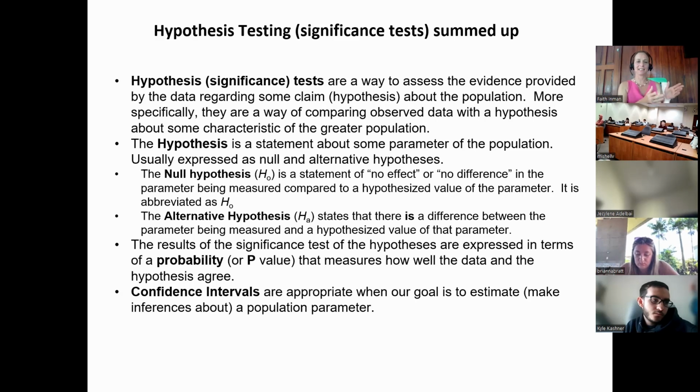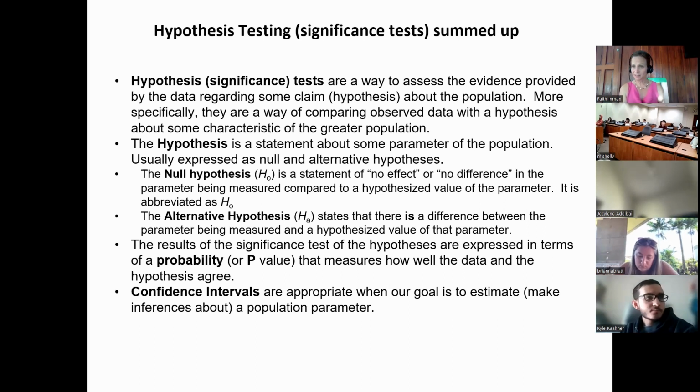Again, I put all these slides here with lots and lots of words for you to read as a study guide, summing up what we just said about hypothesis tests as a way to assess the evidence provided by the data regarding some claim or hypothesis about the population. More specifically, they are a way of comparing observed data with a hypothesis about some characteristic of the greater population.